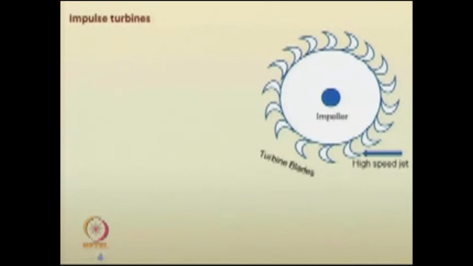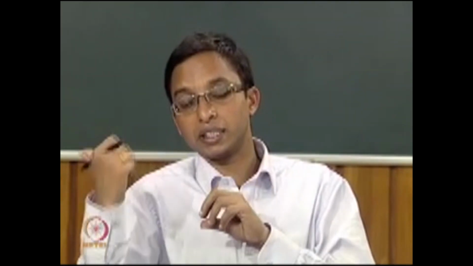Next is the impulse turbine. So, what is meant by impulse turbine? The total head available in the system is first converted into kinetic energy. You now recall that impulse turbines work on the basis of change in velocity head, that is, you are changing the kinetic energy quantity here.